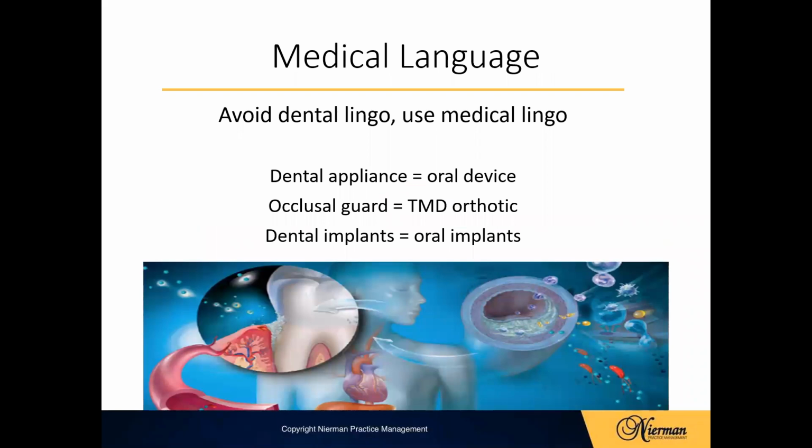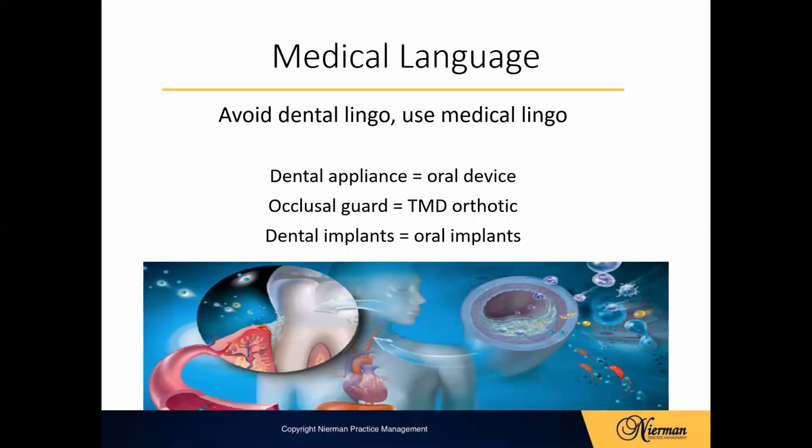Another thing very important is to avoid dental lingo. Use medical lingo when it's medically necessary. It's not that you're trying to say it's something that isn't. It's just the appropriate medically necessary language. A couple good examples: an oral device would be preferable over a dental appliance.